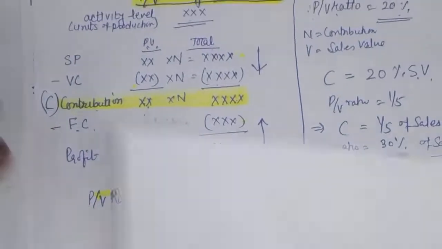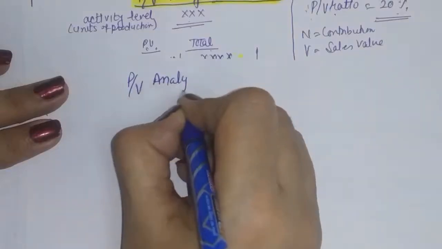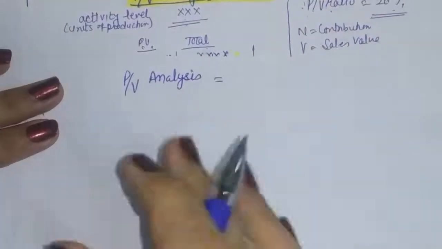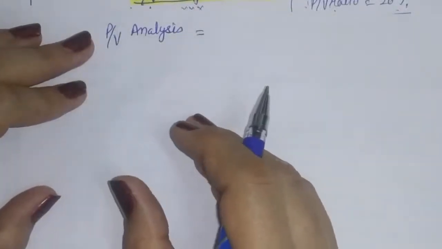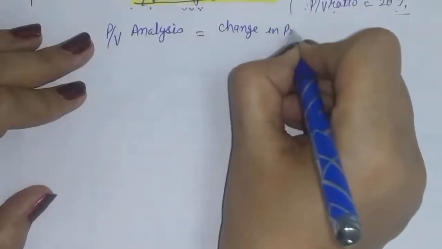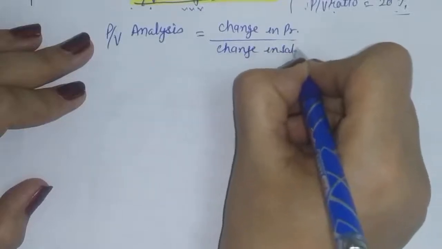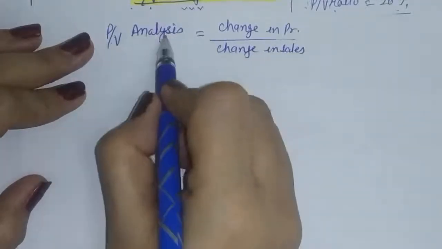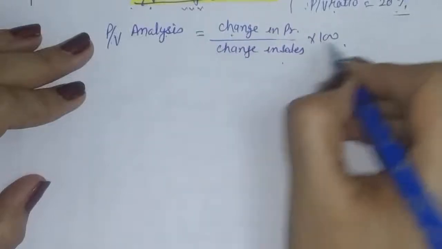However, there is one more formula for PV analysis which is based on the movement of profits. As we have earlier noted in the preliminary stage, profit is not directly related with the sales, but change in profit is directly related with the change in sales. So we can take PV ratio as change in profit upon change in sales into 100.